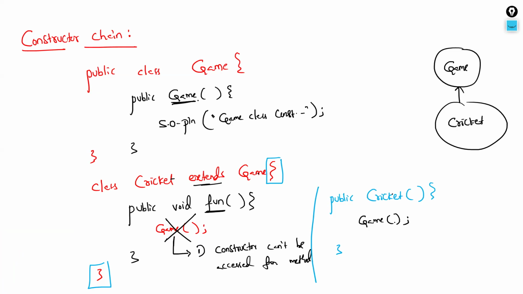Yes or no? From a method it's not possible. Now it's a constructor. From the child class constructor, I'm trying to access the parent class constructor. Possible? Yes or no? From a method it is not possible, so that is the clear reason. From a constructor it is also not possible.